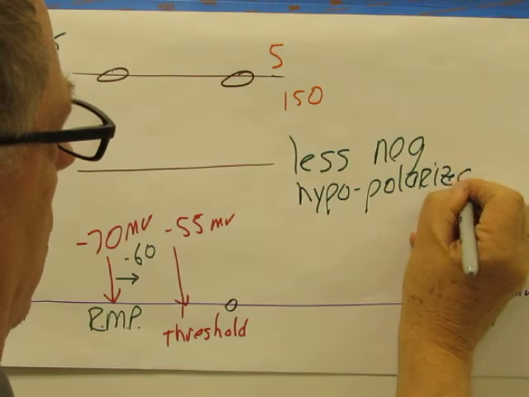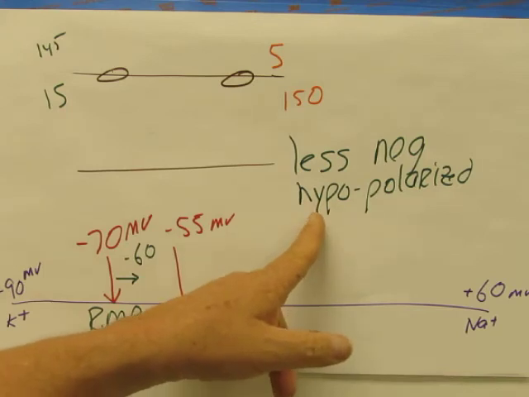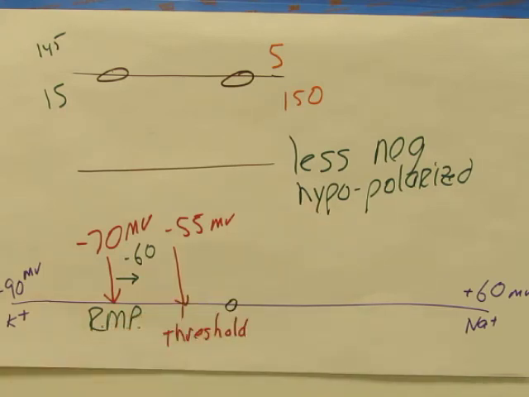Hypo means less. So if we move the membrane potential from negative 70 to negative 60, and make it less negative, then the membrane is becoming hypopolarized.